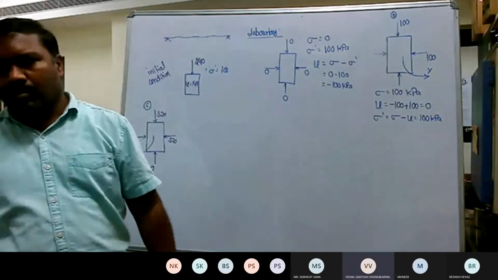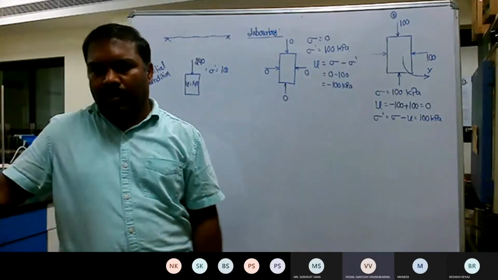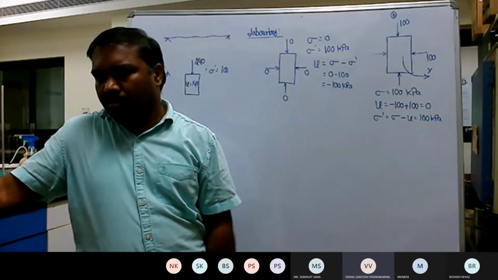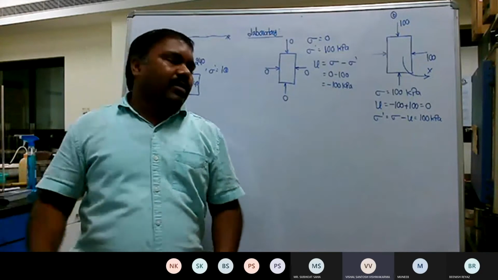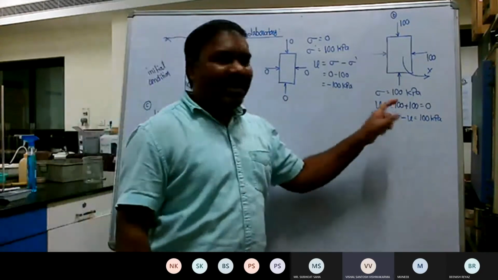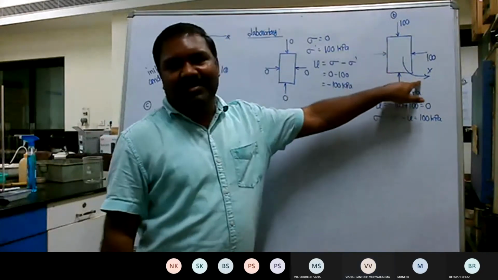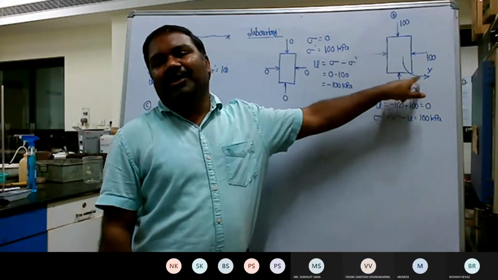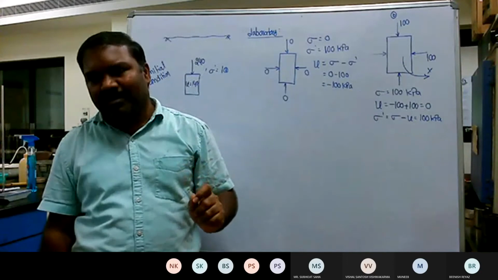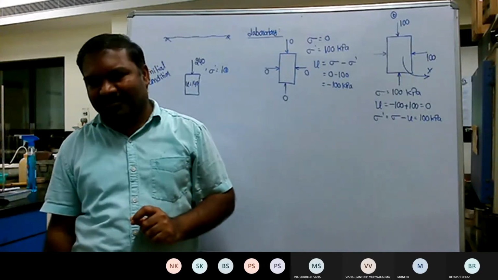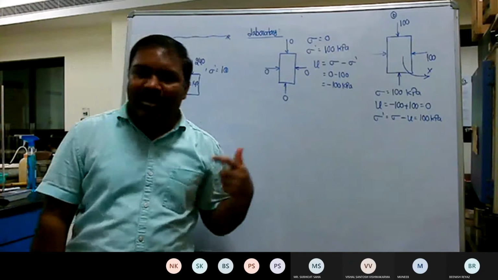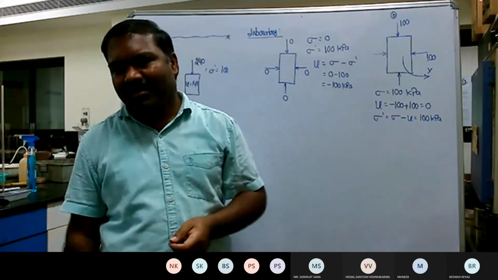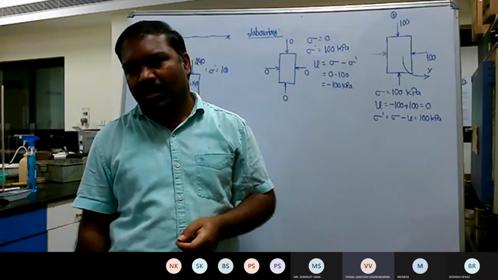Sir, you have applied 100 kilopascals as cell pressure, so how can we add it to pore water pressure? Sir, it's not adding. See, what is the drainage condition? Closed, sir. When it is closed, does the pore water pressure develop or dissipate? Develop, sir.